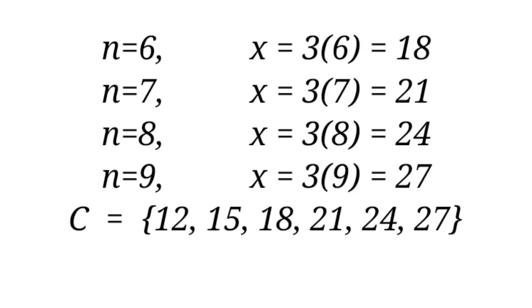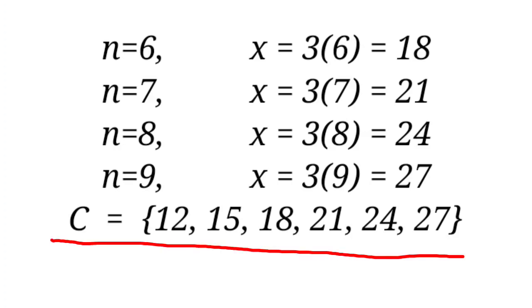Put n is equal to 7, x is equal to 3 into 7, we get 21. Put n is equal to 8, then x is 3 into 8, 24. Put n is equal to 9, x is 3 into 9, 27.